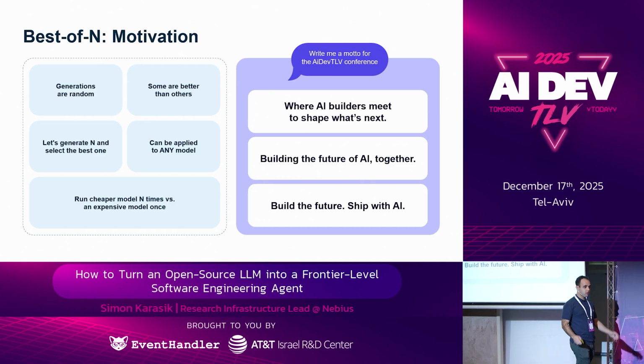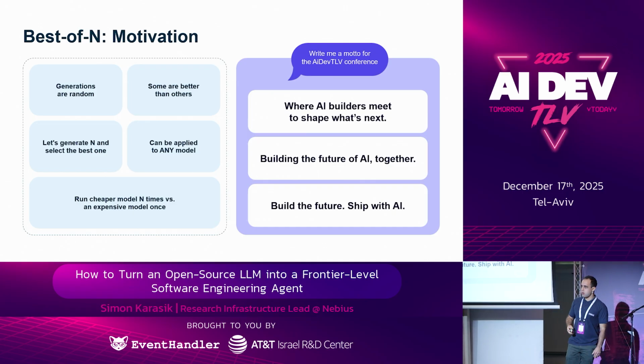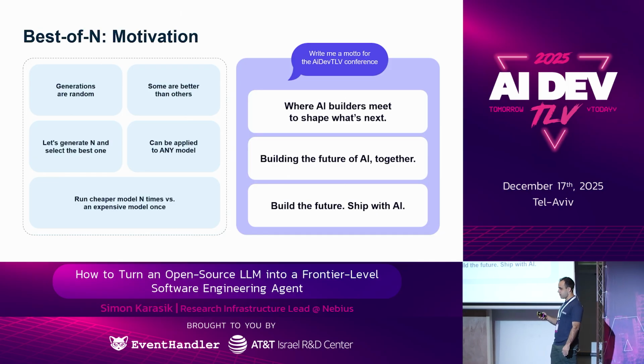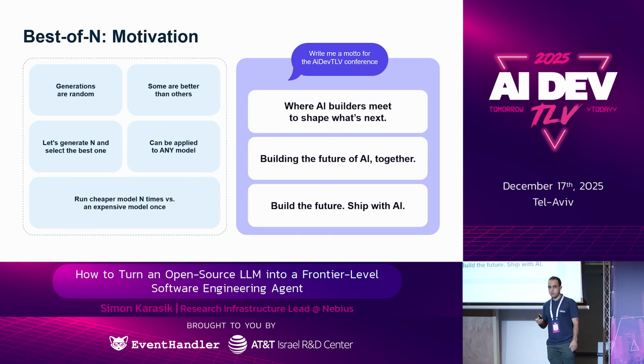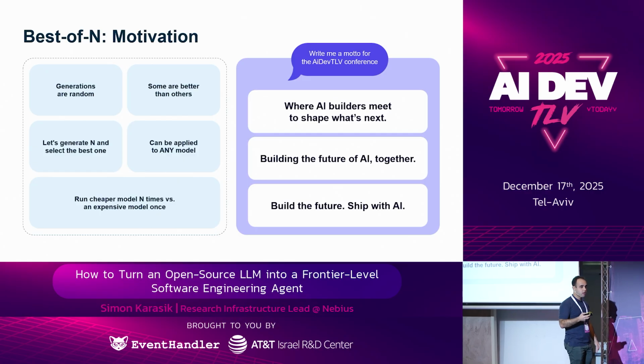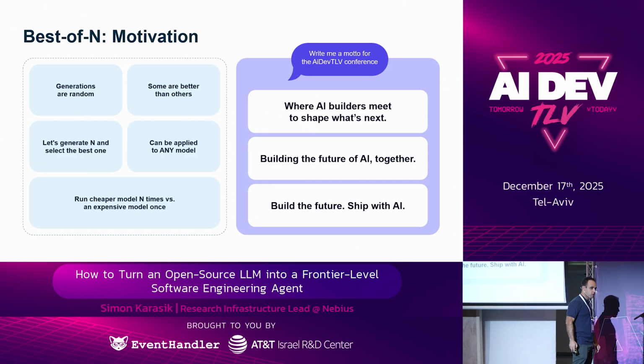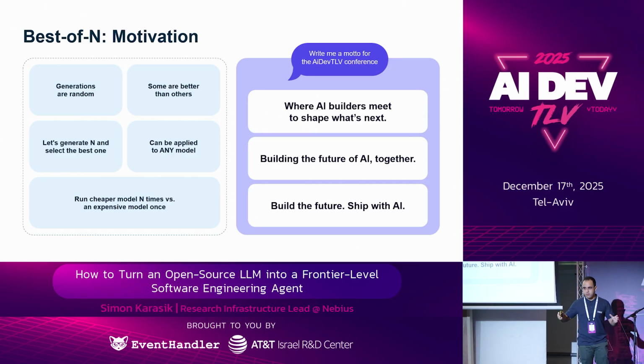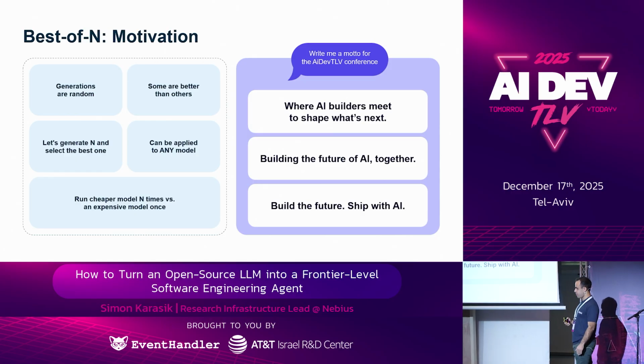The first technique is called best-of-n selection, and it is a very simple and intuitive technique. We know that language models are random models. If you run the same model with the same prompt several times, it will produce different results. And some of them will be better than others.